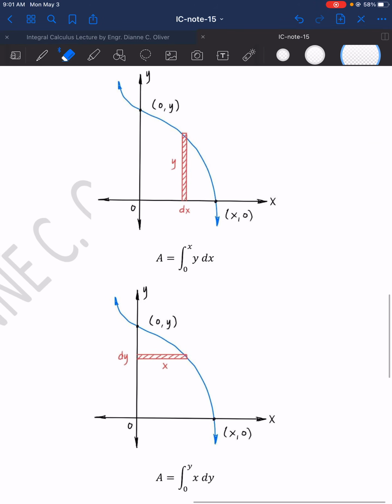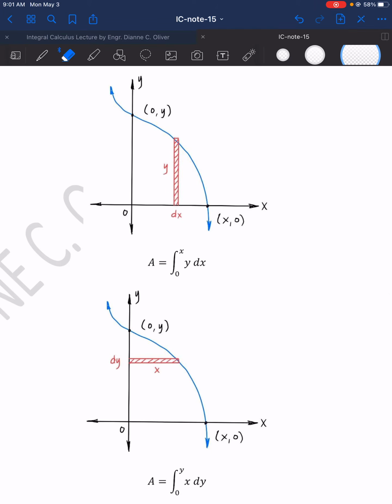How about here? Two similar figures of two different area strips. So we have here the curve. The boundary here is the curve, the x-axis, and the y-axis. So we're considering this area. Then we are using the vertical area strip, that is y dx, having dx as the width.